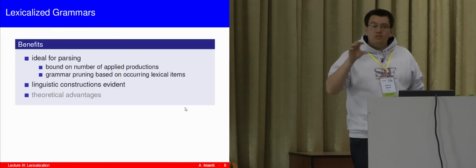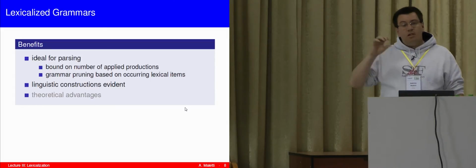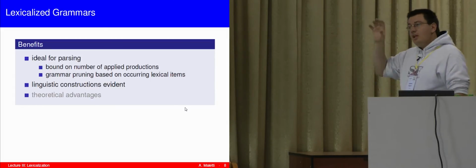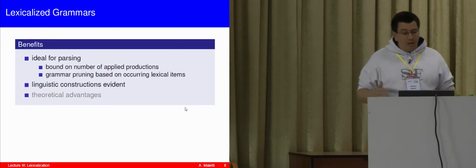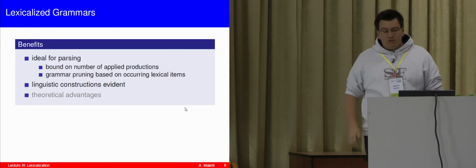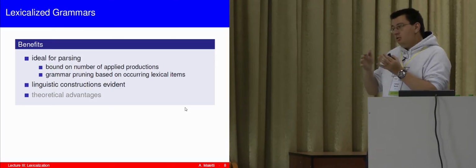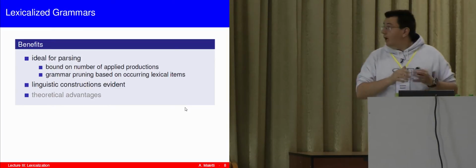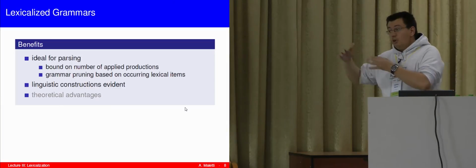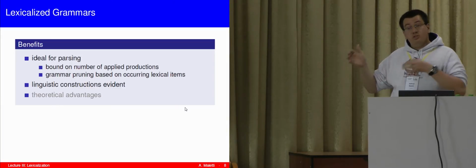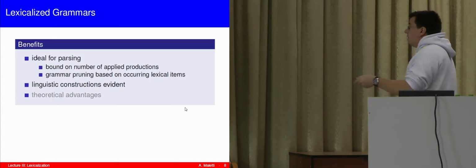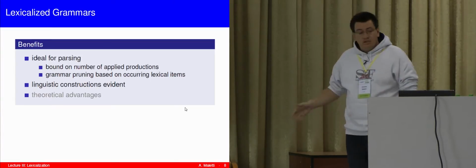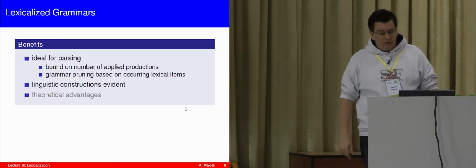You can look at the productions that contain the verb sleep, and you can see what are constructions that are possible, right? You can look at the weights of the productions as well. Is it most of the time transitive, or is it not transitive? Does it prefer certain prepositions over others? This is the kind of stuff you want to take out. And there are some theoretical advantages to this as well, which I'll not go too much into here.